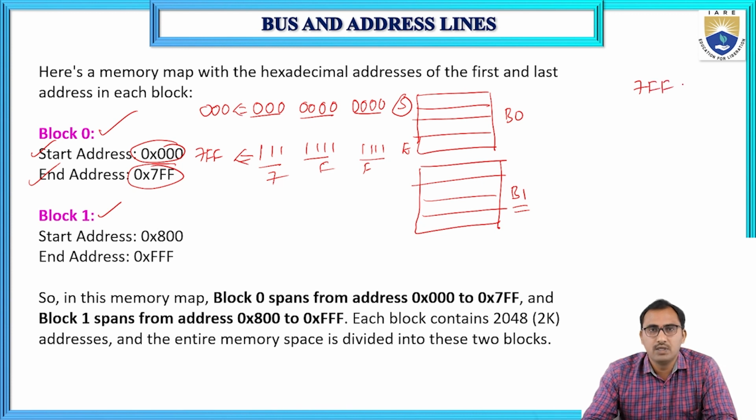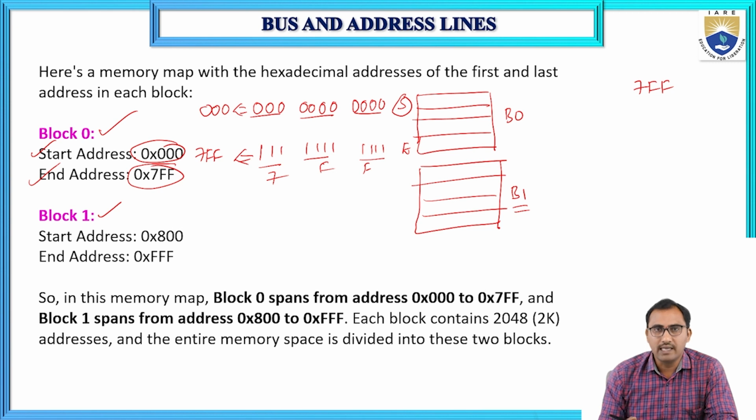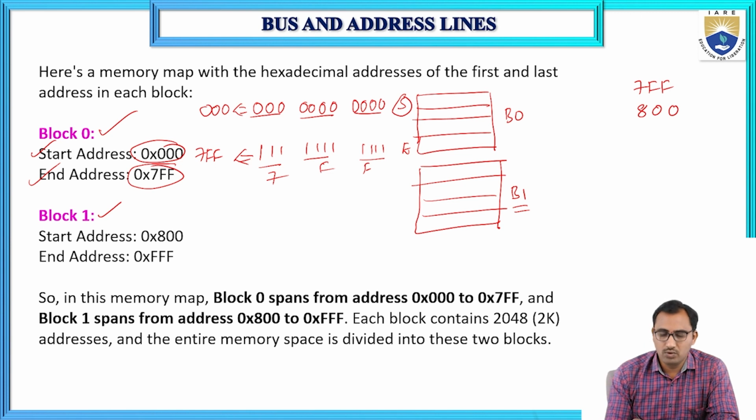So what is the next address? The next block starts with the next memory address. The next memory address is 800, which means 1 followed by triple 0.